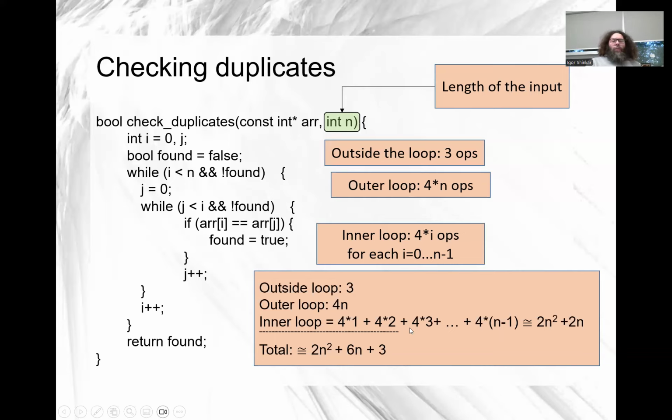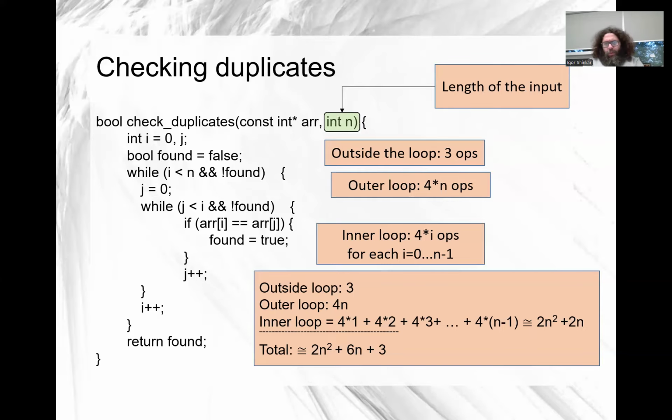If you pull 4 outside, you get 1 plus 2 plus 3 plus 4 up to n minus 1, and this is the formula, multiplied by 4. So the sum from 1 up to n minus 1 is equal to n squared plus n divided by 2. Or is it minus n divided by 2? I don't know, not super important.